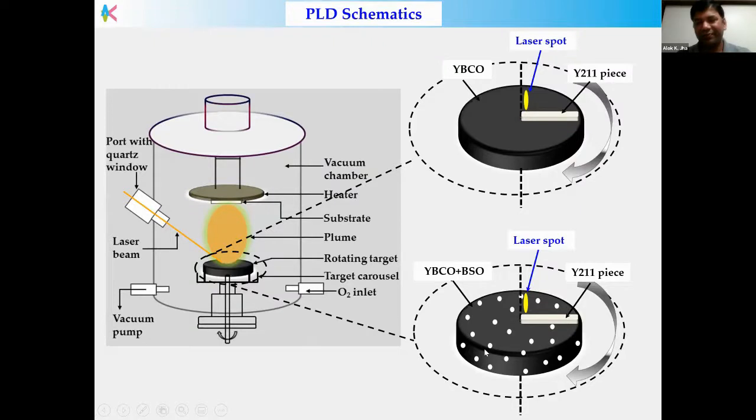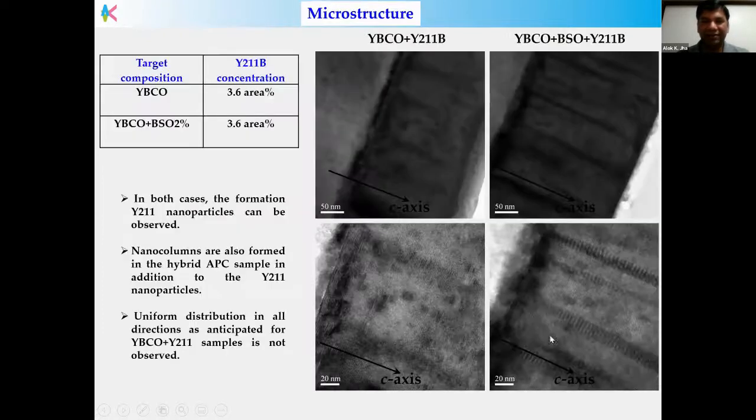And barium tin oxide, when incorporated into the YBCO matrix, grows in the form of nanocolumns. And we already know that Y211 grows in the form of nanoparticles. So we have the mixed target plus surface modified target approach combined: YBCO plus BSO mixed target and 211 surface modified piece. And let us see the result.